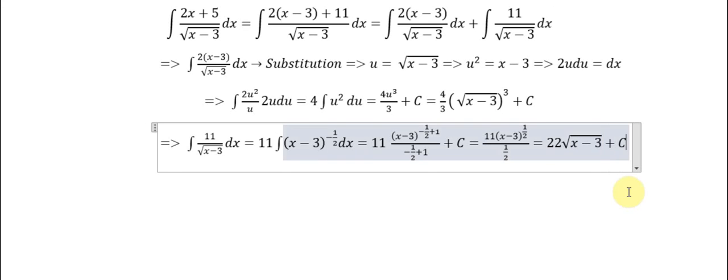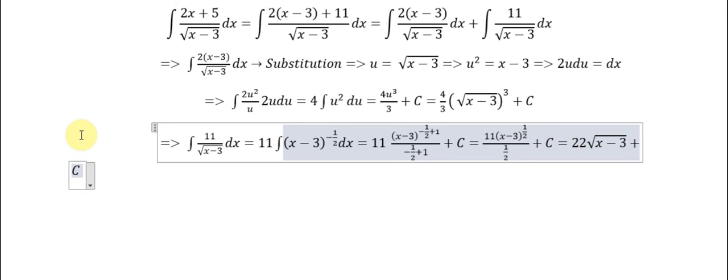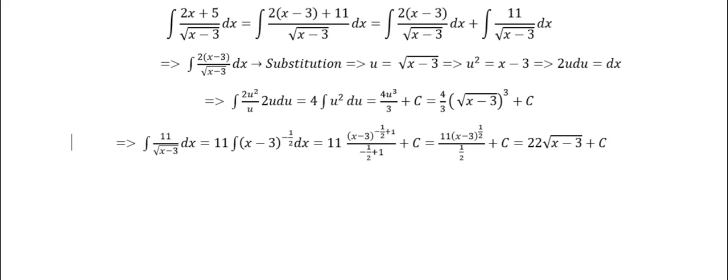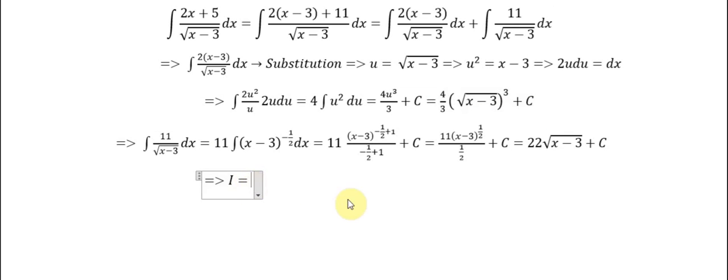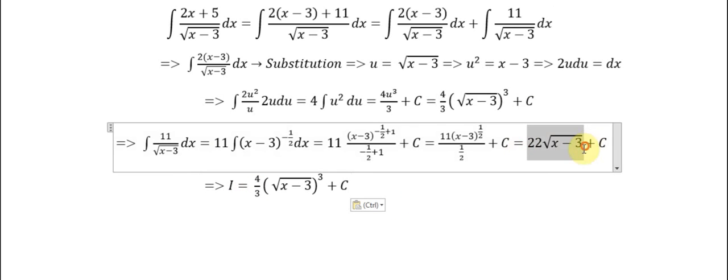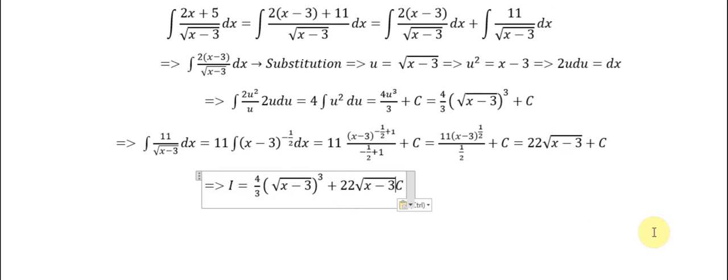Don't forget about the constant. Now combine the two answers together. We have the answer like this. Here is the answer for the question.